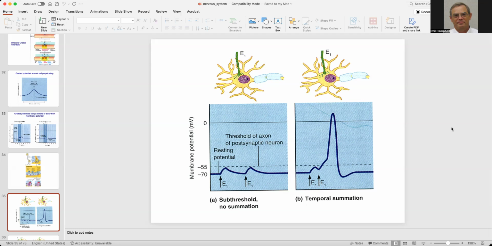So that means that graded potentials are controlled by action potentials, right? Because remember, what are action potentials? They are meant to conduct an electrical signal across the length of the cell, the axon. Strictly conduction. Whereas graded potentials are designed to bring information into the cell, in this case, the postsynaptic cell, right?